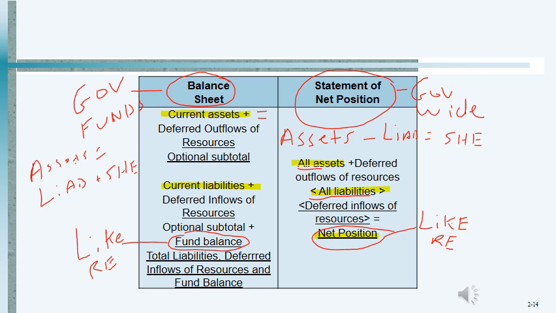Now, you're probably saying, okay, that's great, John, but what in the heck are these deferred inflow and deferred outflow things? Okay, what are those? So when we talk about deferred outflows, the way to think about these, deferred outflow is sort of like a prepaid.